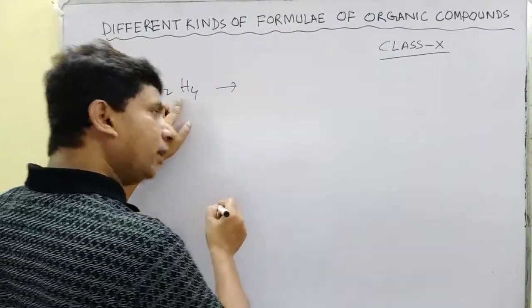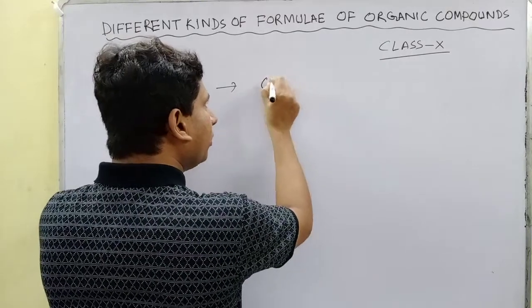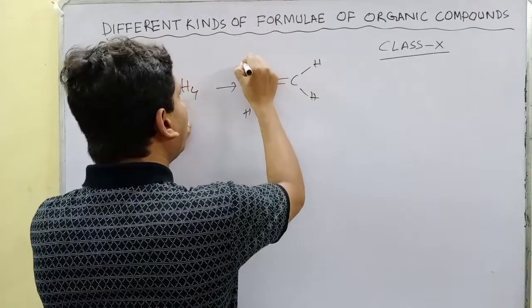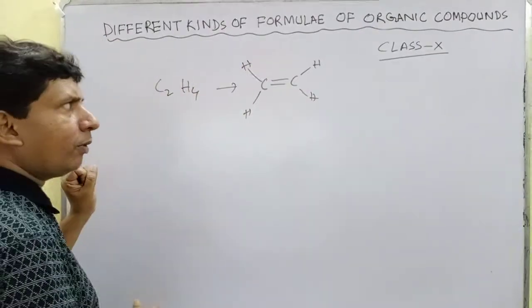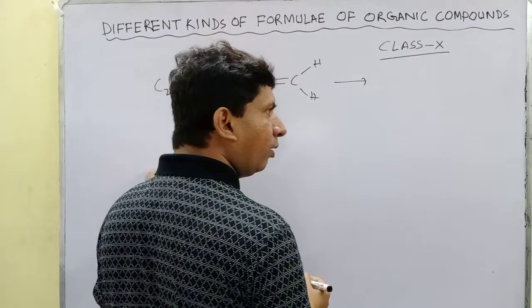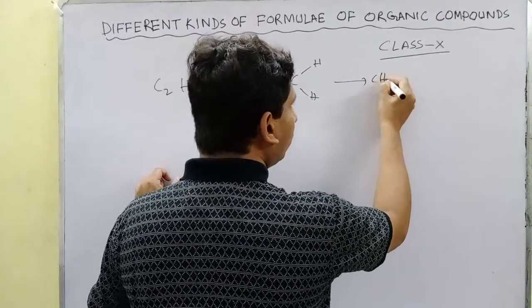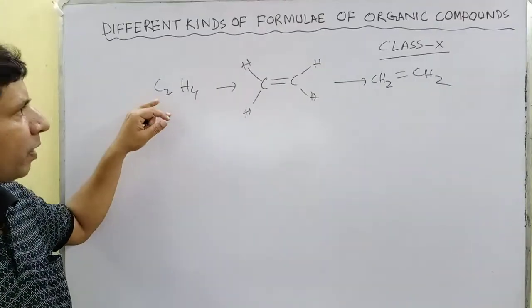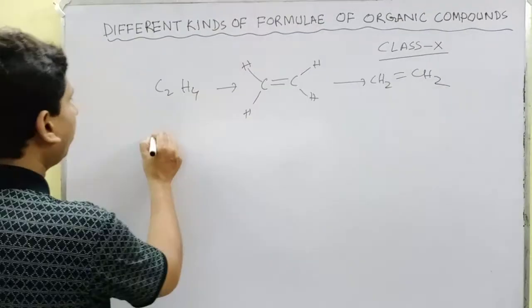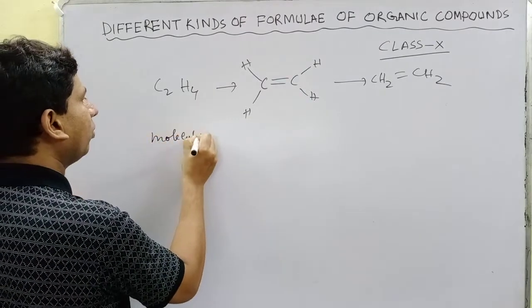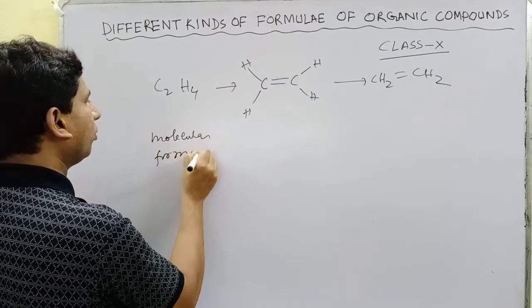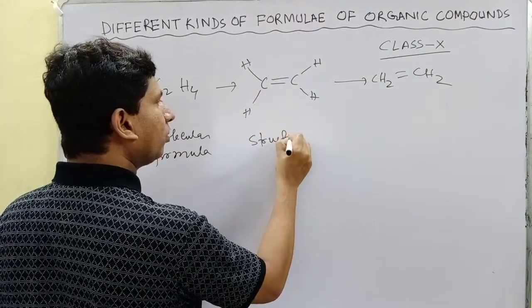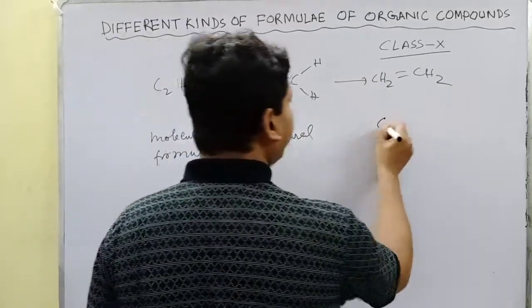The structural formula is C double bond C, with hydrogen, hydrogen, hydrogen, hydrogen. And what is the condensed formula? CH2=CH2. So this is the molecular formula, this is the structural, and this is the condensed.